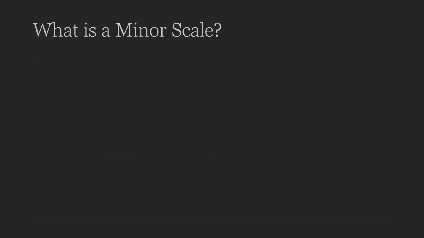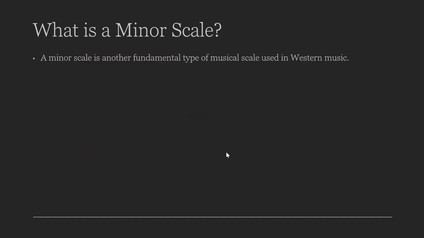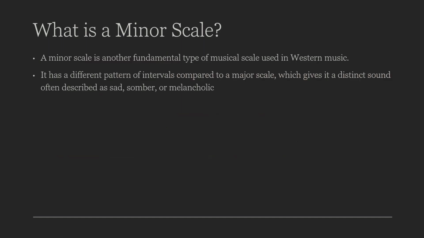So let's jump over to the minor keys now, or minor scales. A minor scale is another fundamental type of musical scale used in Western music. It has a different pattern of intervals compared to a major scale.